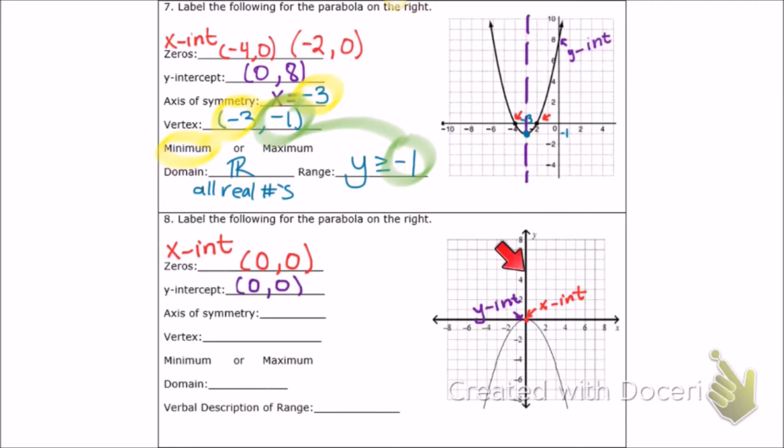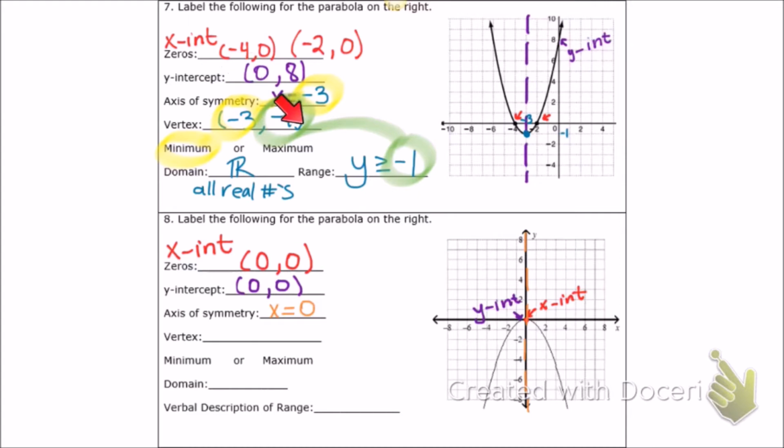The axis of symmetry cuts the parabola in half, so my axis of symmetry is going to be the y-axis this time, okay? All right, it's this line right here. So we're going to write x equals. It crosses the x-axis at 0.